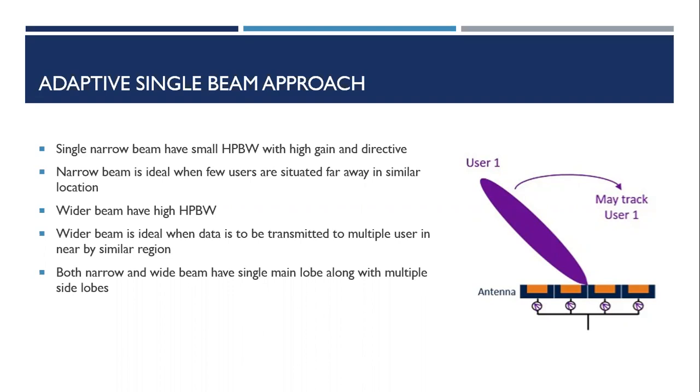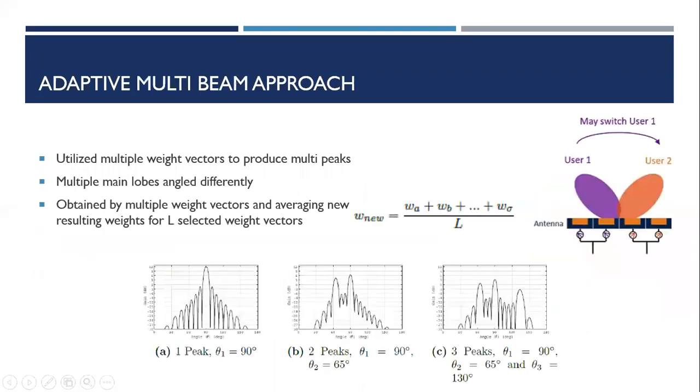Apart from this approach, we also have the multi-beam approach. In the multi-beam approach, there are usually two or more main lobes along with the side lobes. These multi-beams can be produced using multiple different weight vectors for different directional main lobes, and then we average out the resulting weight for L selected weight vectors.